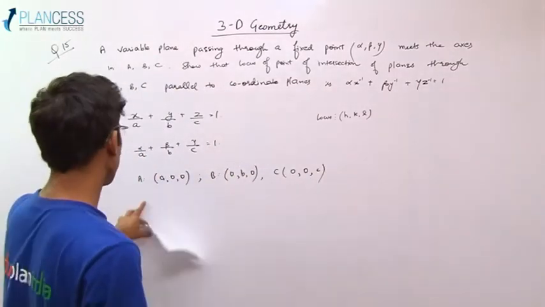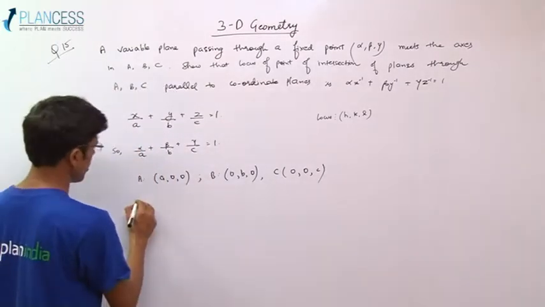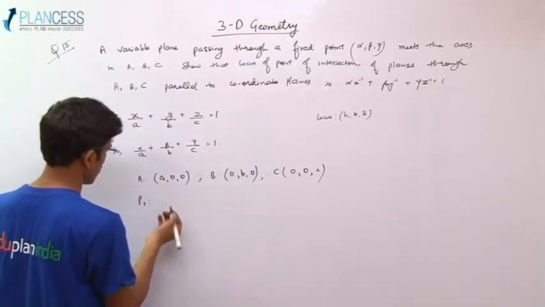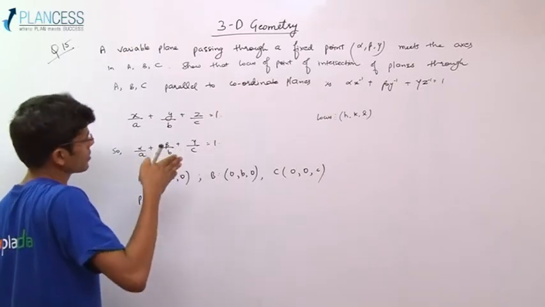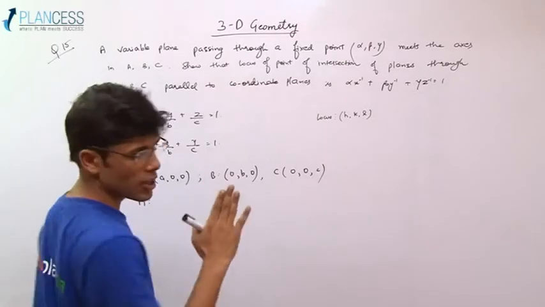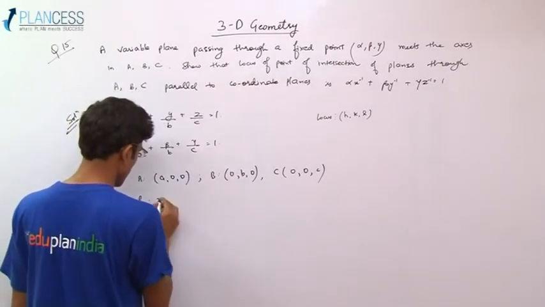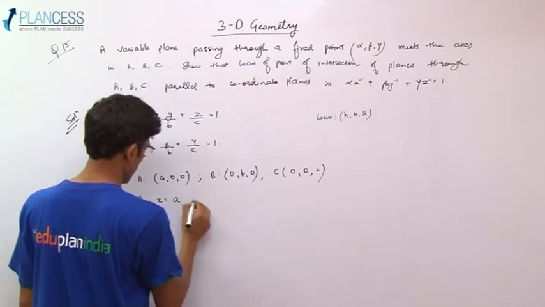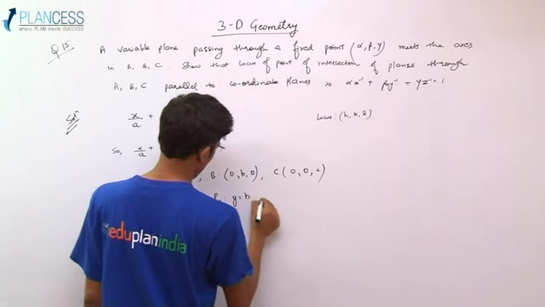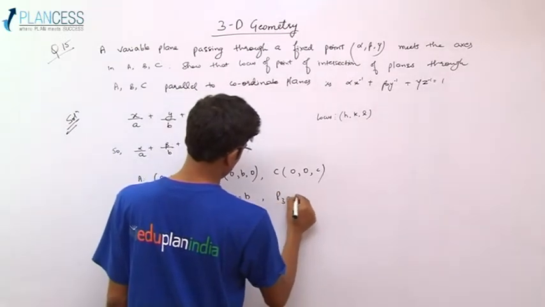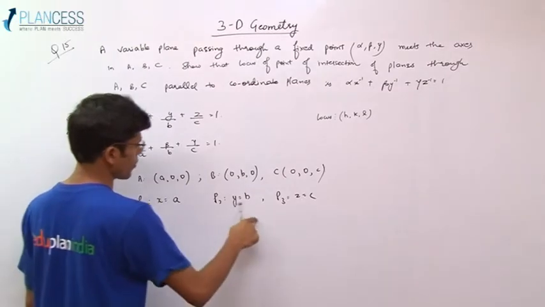Now the planes through A, B, C, let them be P1, P2, P3. So P1 is perpendicular to the x-axis, that is, parallel to the YZ plane. So P1 has x constant, say x equals a. Say P2 has y equals b, and P3 has z equals c. Now these three planes meet at the point (a, b, c).